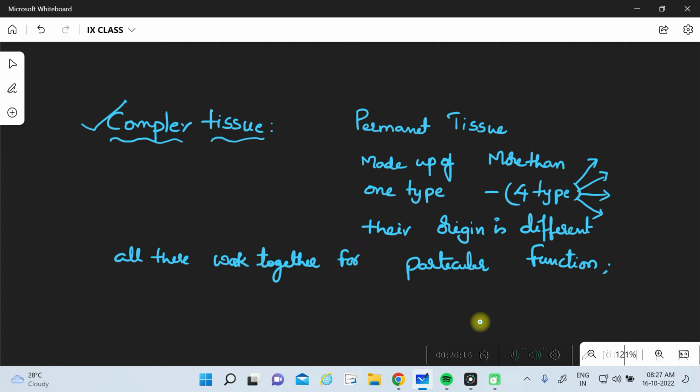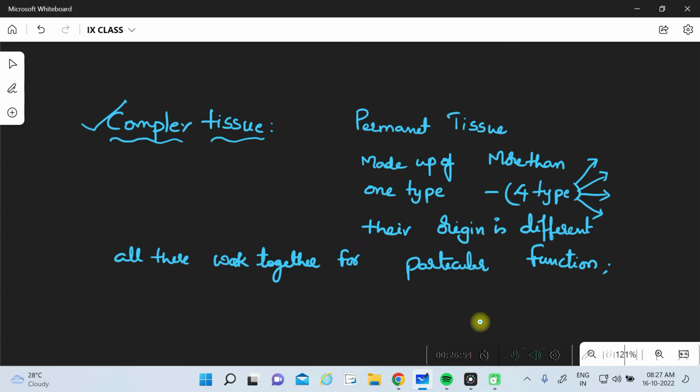So far we have seen the simple tissues, where they are made up of a group of cells which are similar in their origin and similar in their structure, and all together they perform a function. Now, the complex tissues are entirely different. They are made up of more than one type of cell, and all these cells are formed from different initials. Even though their structure is different, all together they work for a particular function. That is what we call a complex tissue.